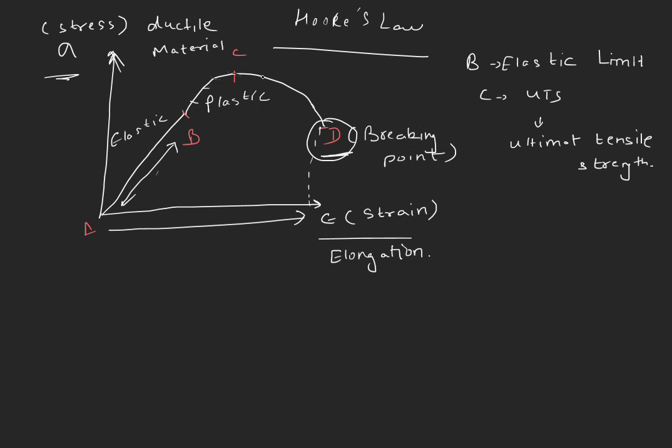This whole thing is the plastic region. In the elastic region, if the force applied on a sample is removed, the sample can return back to its original shape. It won't be deformed permanently. It will be temporarily deformed, but it will come back to its original shape.